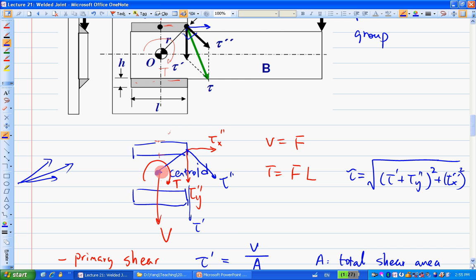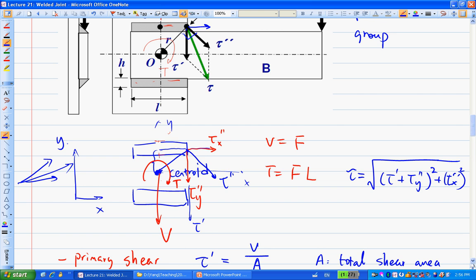What's the distance between this tau x double prime and the vertical line? This portion. Let's see, I call this x and I call this y here, the y-axis. So in terms of reference coordinates, this is x, this is y.